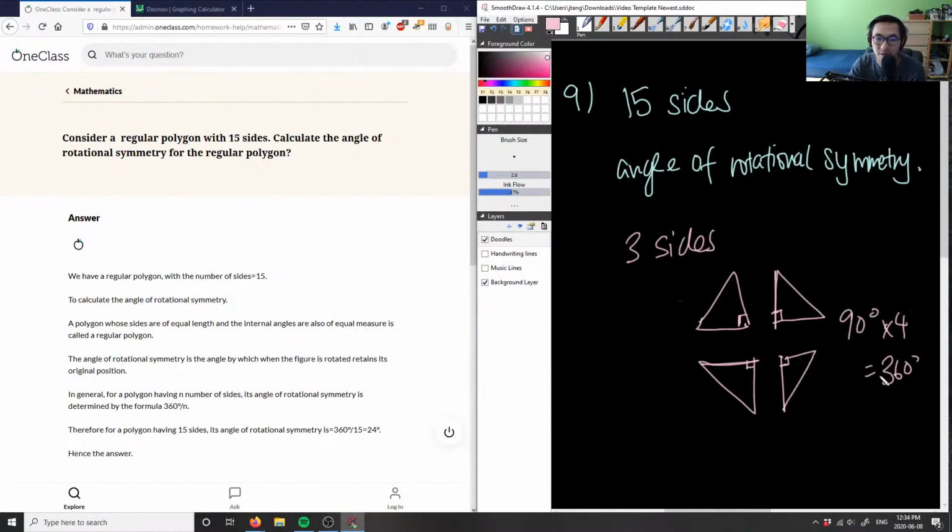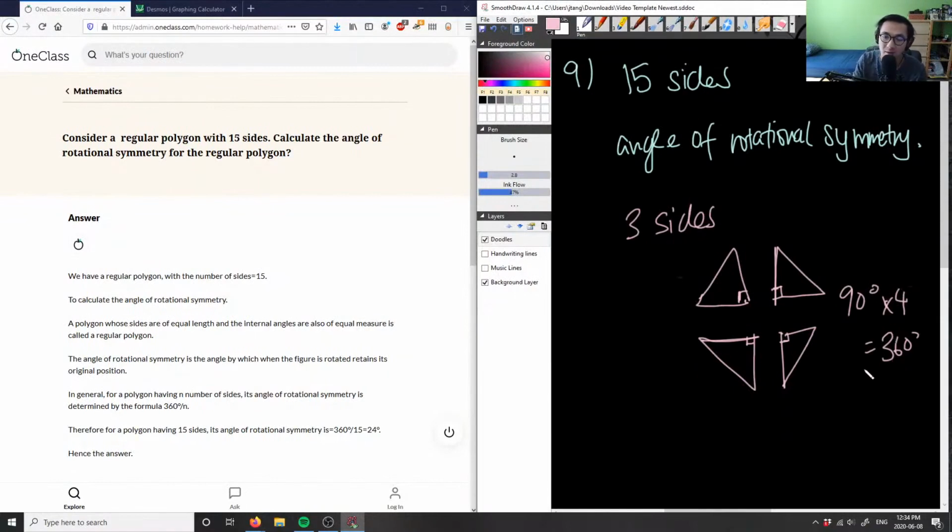So we have 360 degrees, and we can find the angle of rotational symmetry at which the shape, once rotated, retains its original position. For a triangle, we have 360 degrees, and we divide it by the number of sides, which is 3, and this gives me 120 degrees. So that's the angle of rotational symmetry for a triangle.